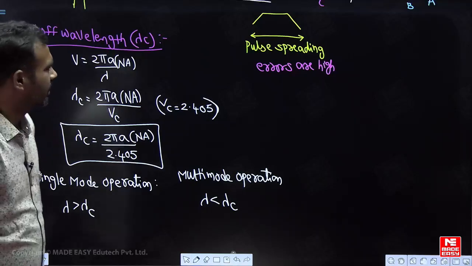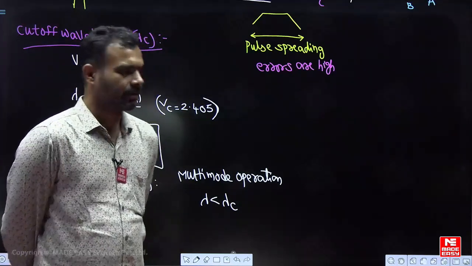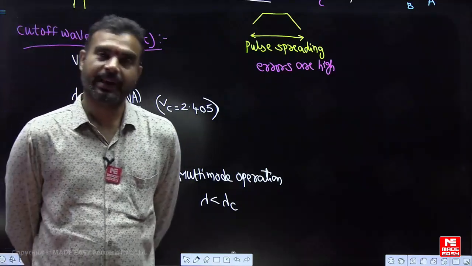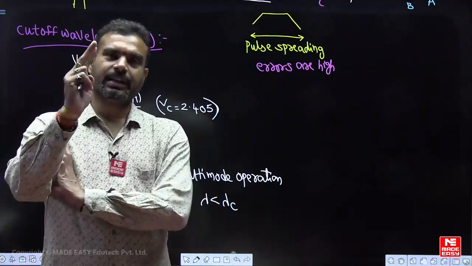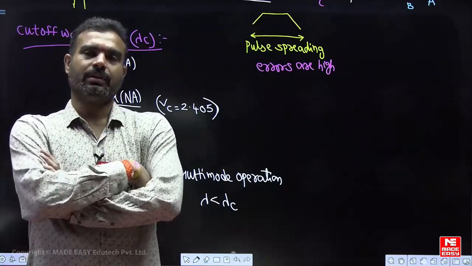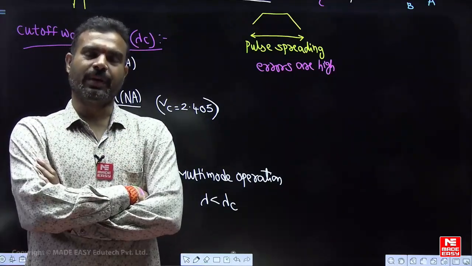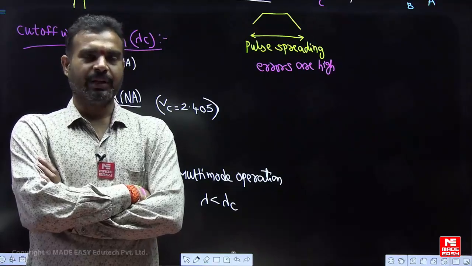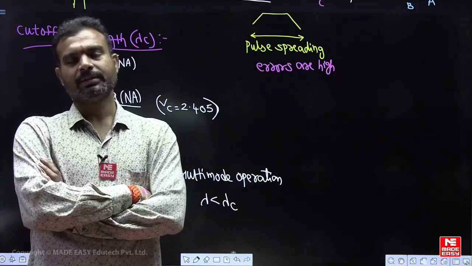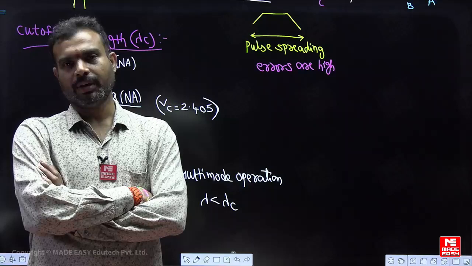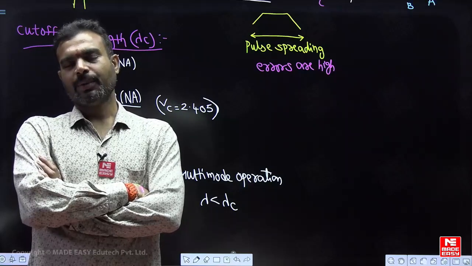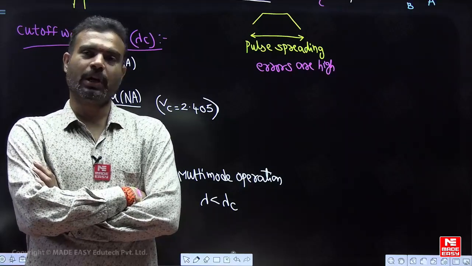This topic is completely with respect to step index fibers. In yesterday's class I discussed two things. There are two types of fibers based upon the materials, and based upon the refractive index profile also we have two types of fibers.